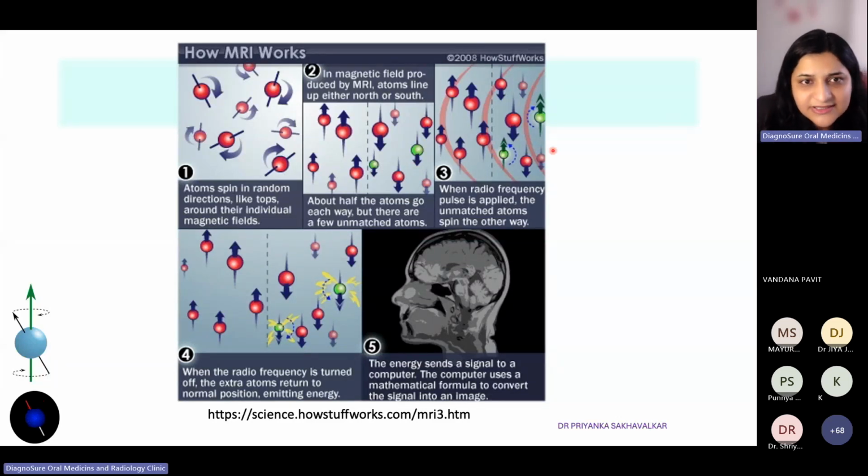When the radio frequency pulse is applied, the spins align in a single direction. Now, once it is turned off again, the atoms return to their original state, releasing energy in the process. This released energy is detected as a signal, which forms the MR image.